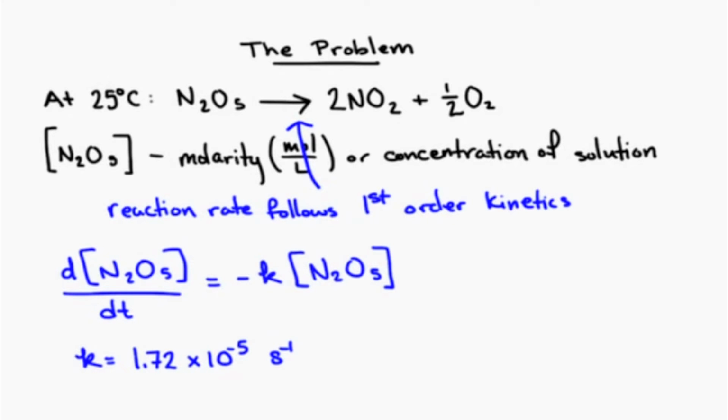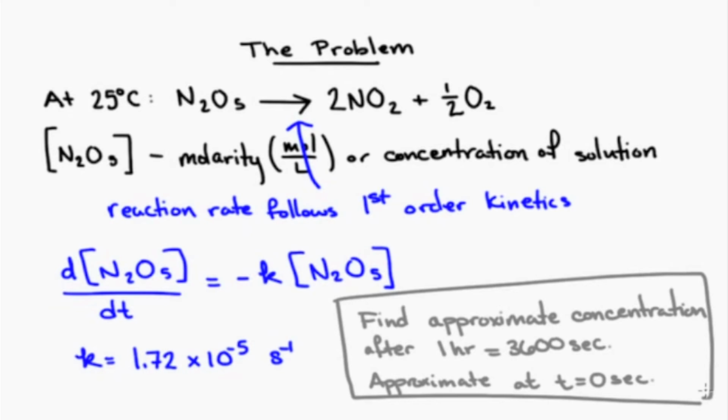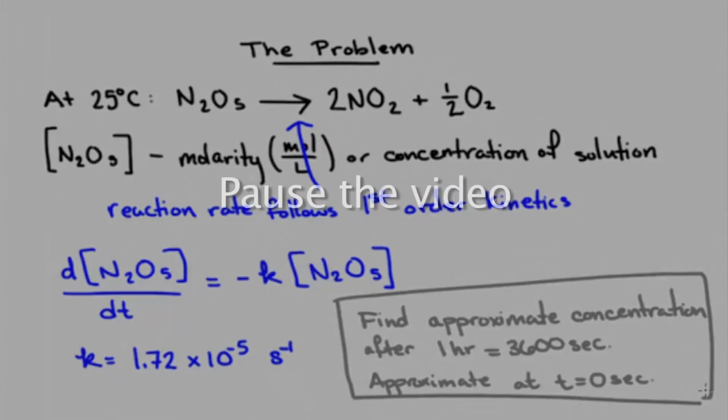Because you are panicking, you are having a hard time solving this differential equation. Instead, find the approximate decomposition in the N2O5 solution after 1 hour using a linear approximation at time t equals 0. Note that because the reaction constant has units of inverse seconds, the variable t must have units of seconds.